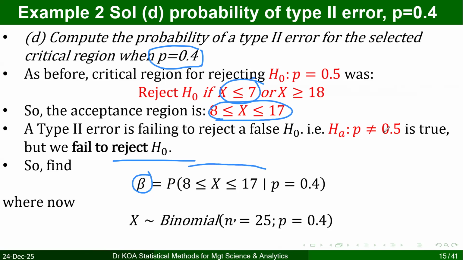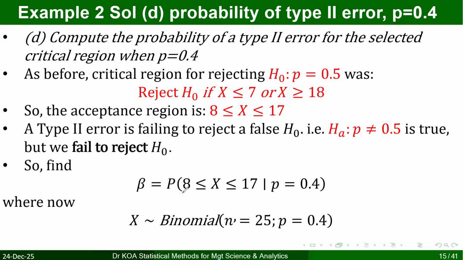You're still using the same acceptance region here. And of course, still going by the binomial distribution, n is 24. This time, the probability of success is 40%, so the probability of failure will be 60%, and you substitute that into the equation. But remember, this time we are finding between 8 to 17.